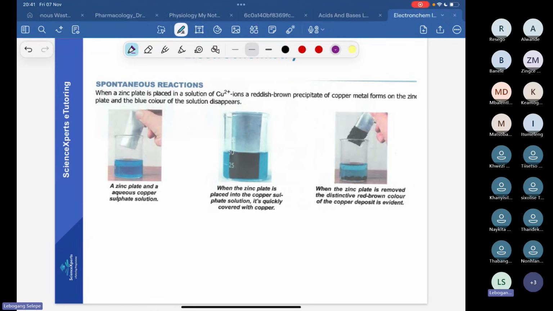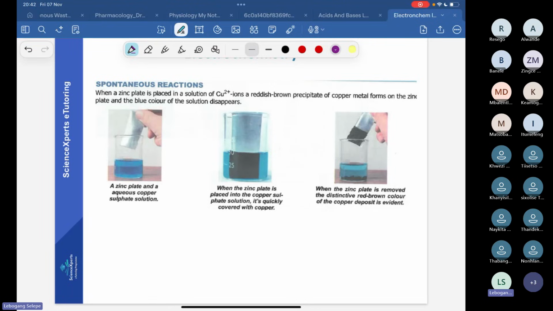Do you guys get it? If you find a way of making electrons move in a wire, that would produce electricity. So basically, the simplest idea of a galvanic cell here is we're gonna make use of a spontaneous reaction because we know that the substances involved, they wanna give each other electrons.